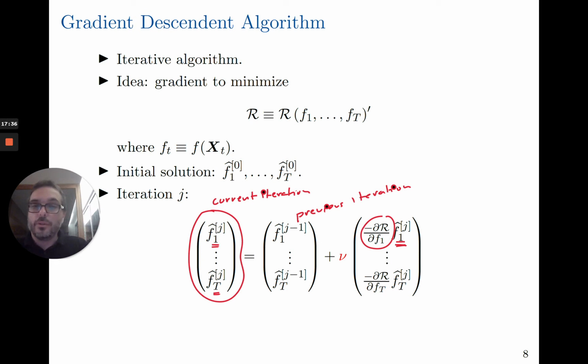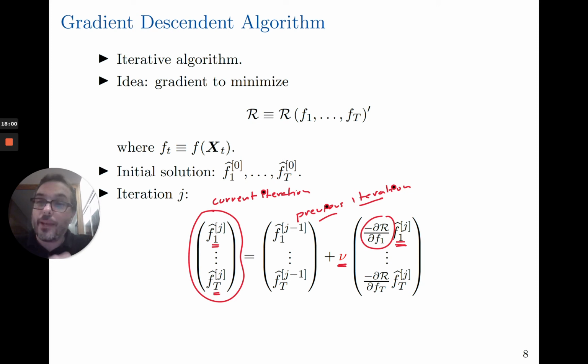So we update the previous iteration fit with the negative of the gradient, evaluated at the current point, times a step length.